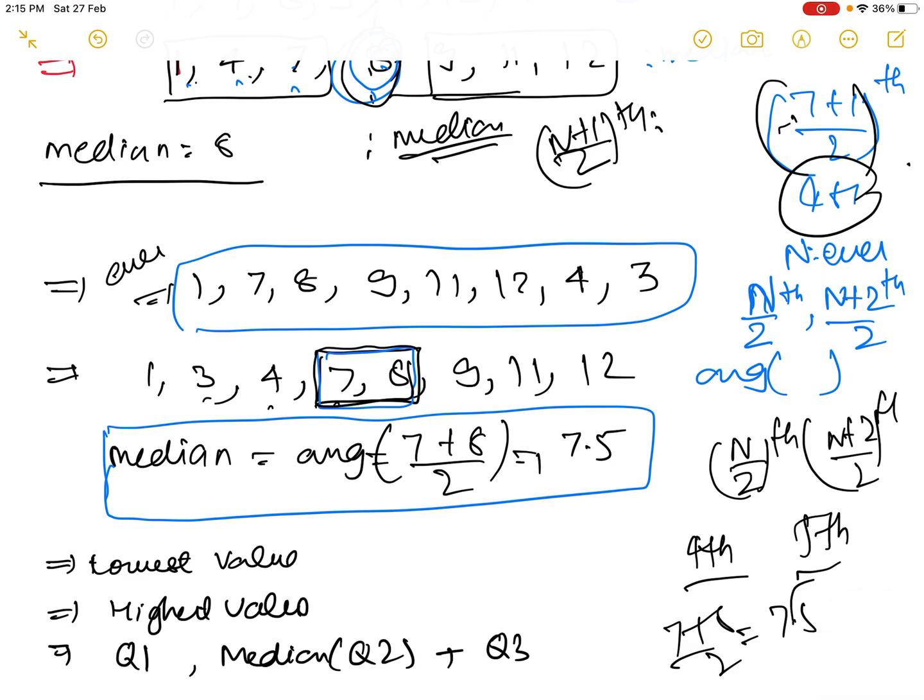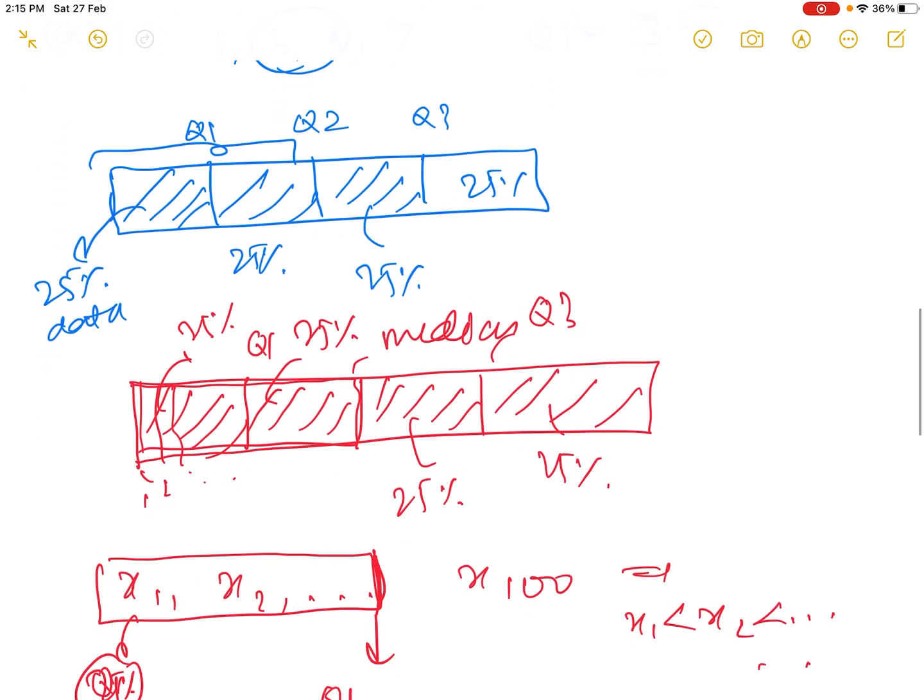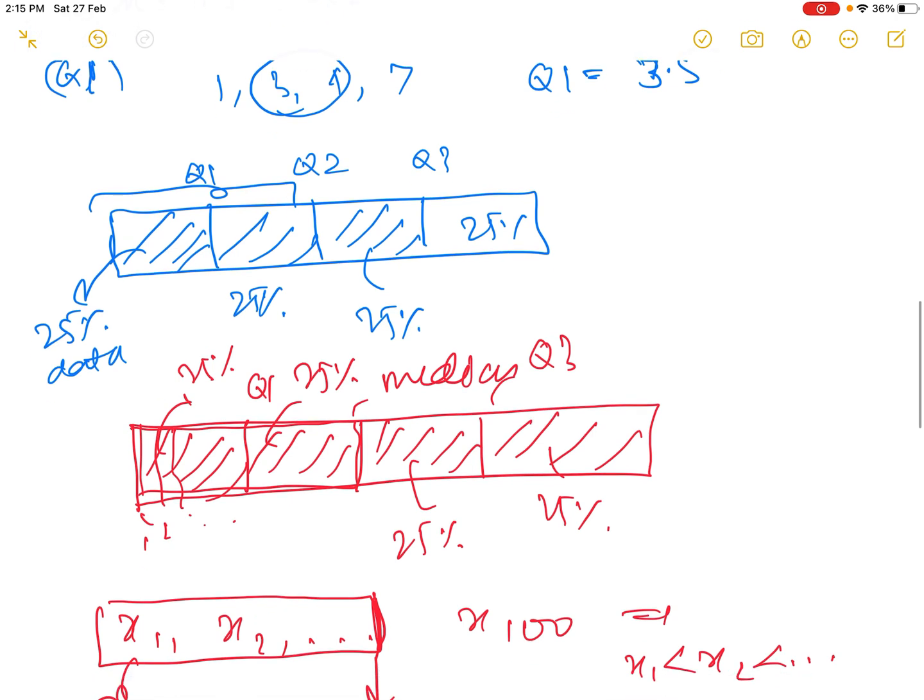Okay, now we have to look at quartiles. What are the first quartile, second quartile, third quartile? They are very important. Let us see. If you have a data set, say this is your complete data set, and every point here represents one data point, and these points are arranged sequentially, either in ascending or descending order.